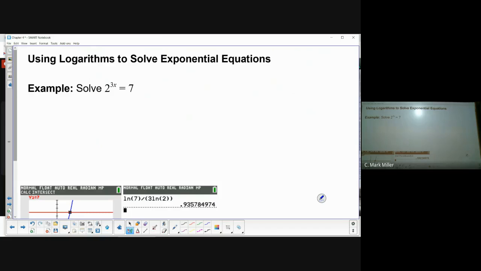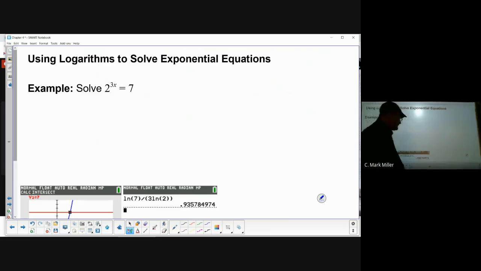Now, there is more than one way to get this correct answer. How? Right now, we haven't done logs to other bases that much. We've done some.